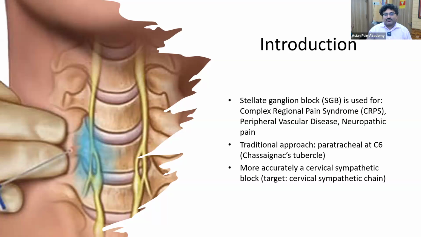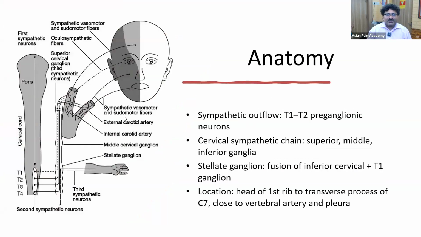Now the question comes, why is blocking the cervical sympathetic chain important? Because it is the main supply, from where a number of fibers are going to the upper limb and also to the head and neck. Basically above T1, or above T2, you can say there is no sympathetic outflow.